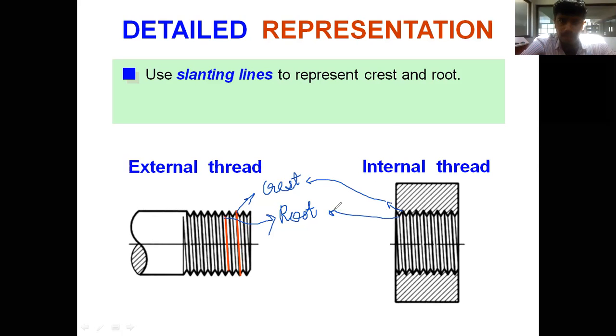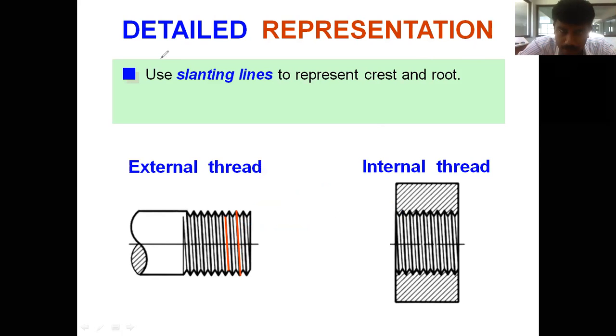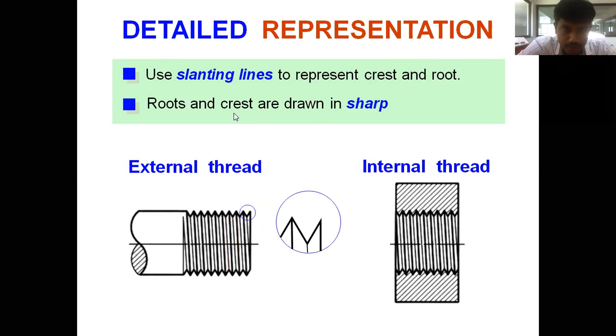You can see over here roots and crests are drawn as sharp lines, with the crest highlighted. Both sides you can see.